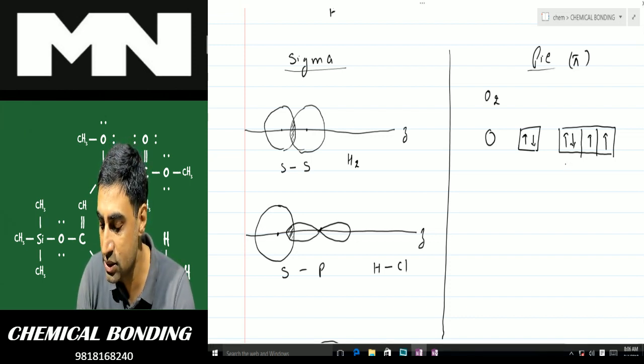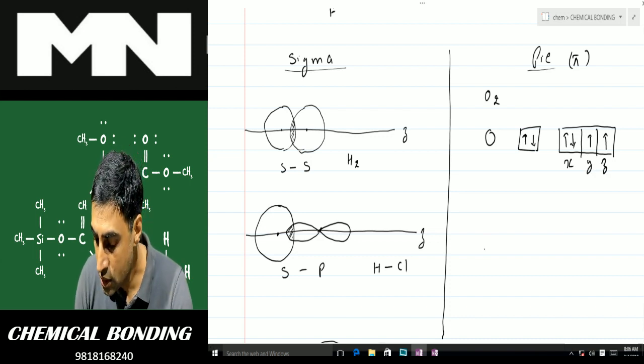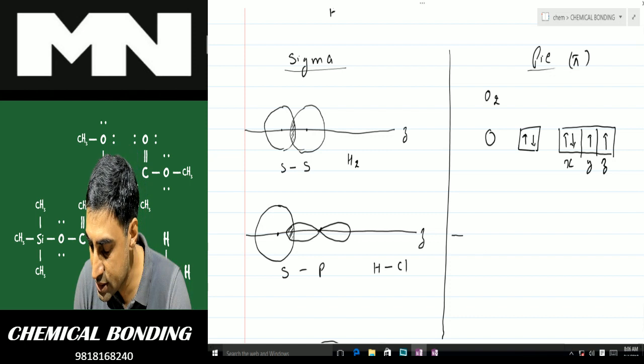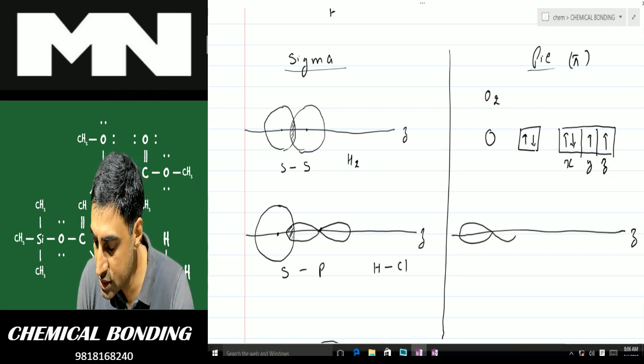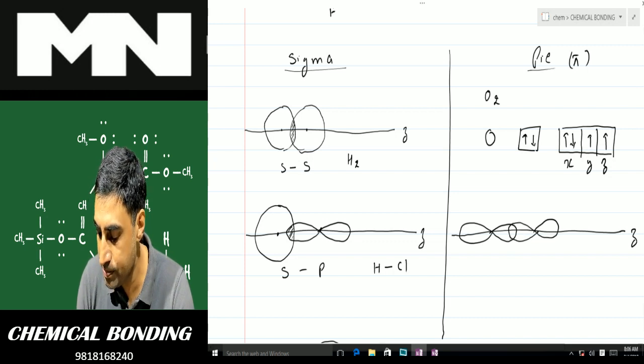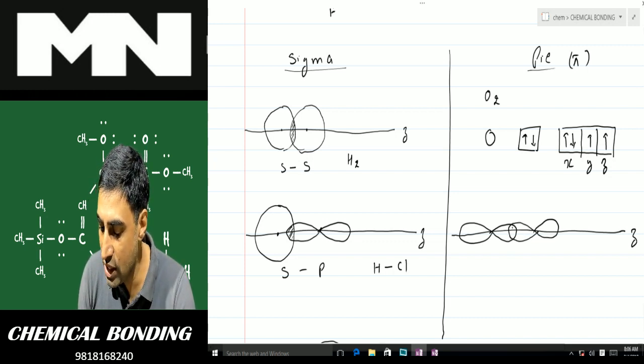I can write them as x, y and z. Now again I am drawing the z-axis. Suppose this is the z-axis. This is the pz of one of the oxygen atoms. Then I have pz of another oxygen atom. They are overlapping head-on to form a sigma bond.